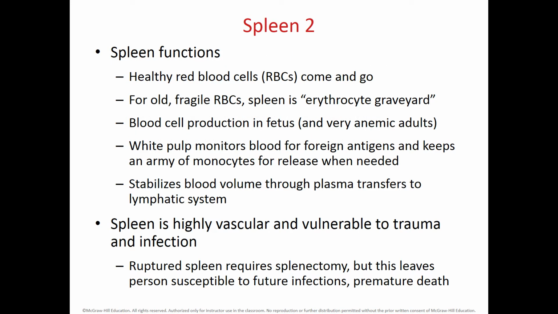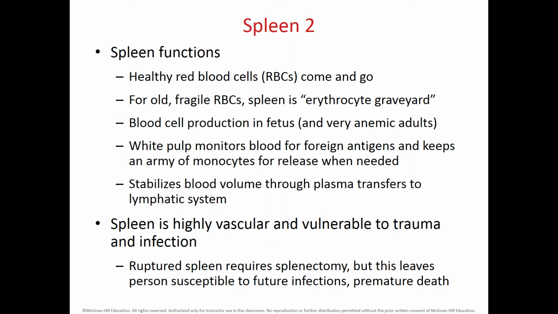Now, the spleen is also the recycling center for the red blood cells. So the red blood cells, when they are still young and healthy, have this biconcave shape and this circular shape in their disc. They're flexible, and then they can go through the reticular tissue of the spleen, which is like a net of fibers that can trap erythrocytes.